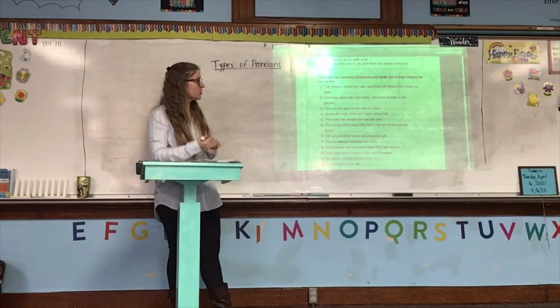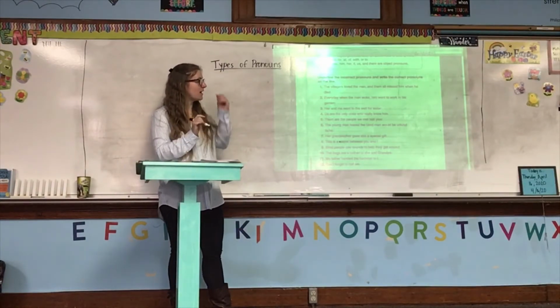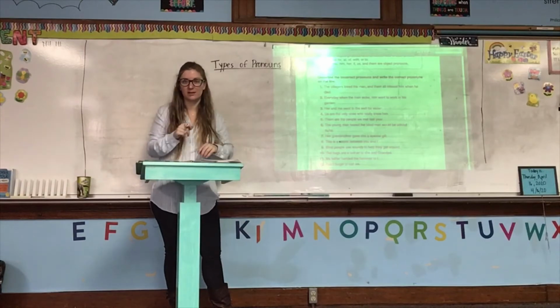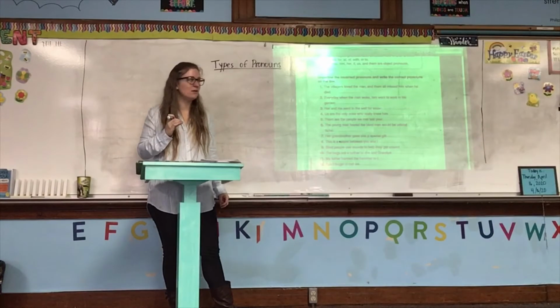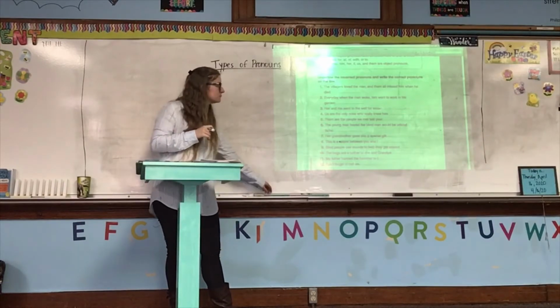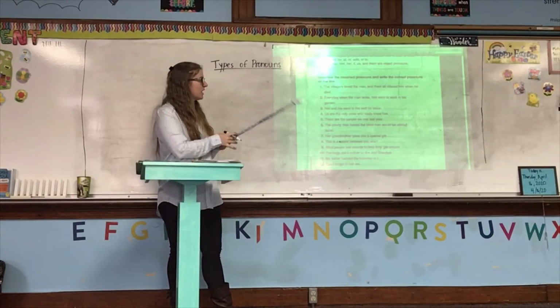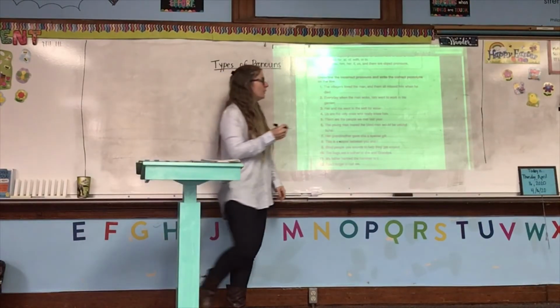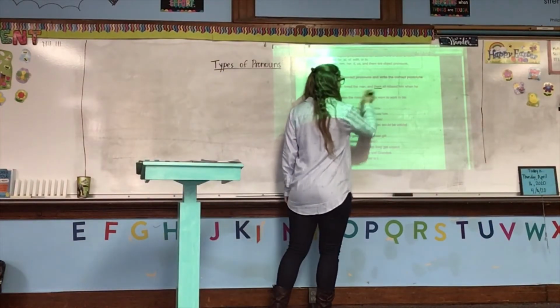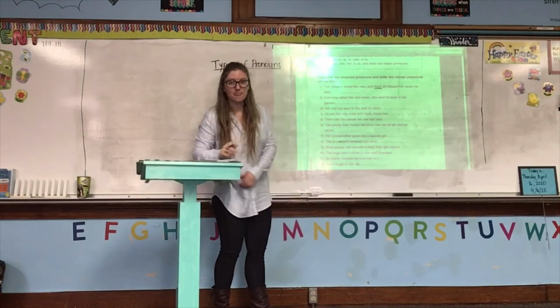Okay, so what we're going to do is underline the incorrect pronouns and write the correct pronouns on the line. Now this shouldn't be too hard because as soon as you read it, you can tell. So number 1, the villagers loved the man and them all missed him when he died. Well, we know that them doesn't sound right.